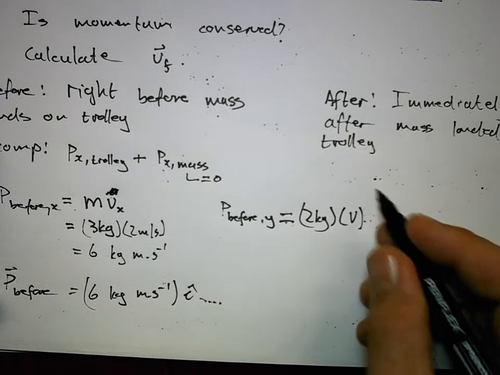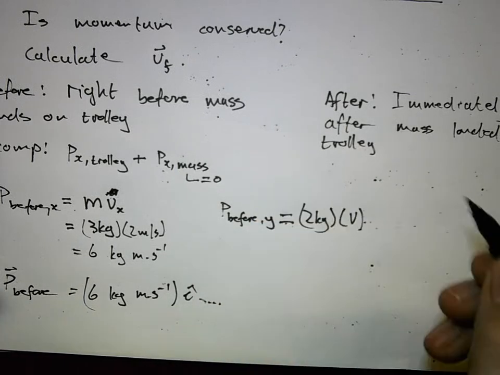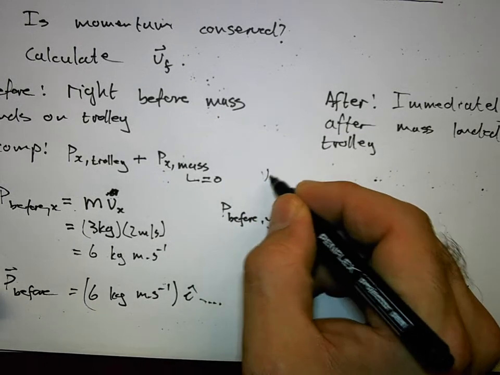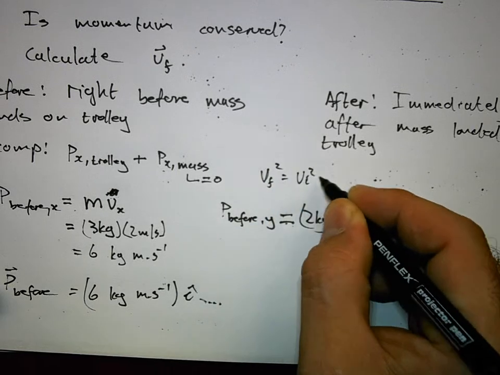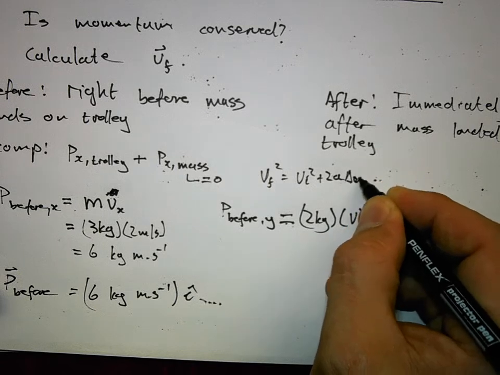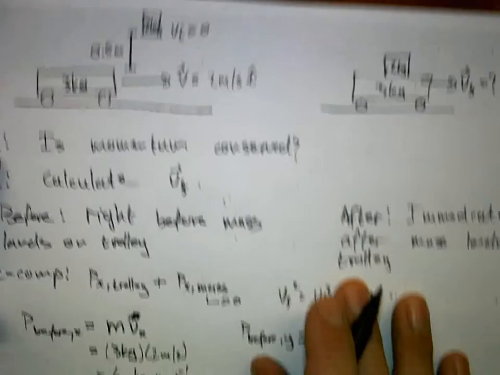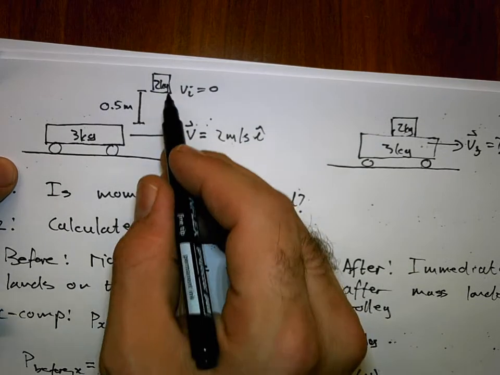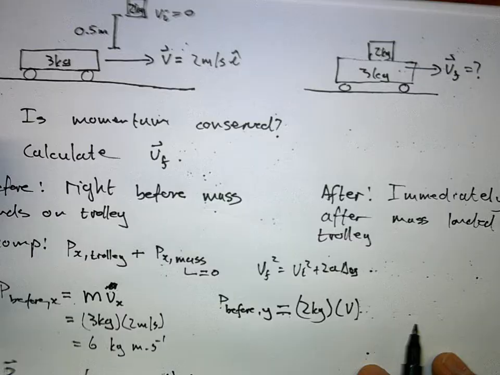To calculate that, we can simply use our equations of motion. We know in general that final velocity squared is equal to initial velocity squared plus 2 times acceleration times displacement. Here we start with an initial velocity of 0, so this mass, when it was dropped 0.5 meters above the trolley, had no velocity.